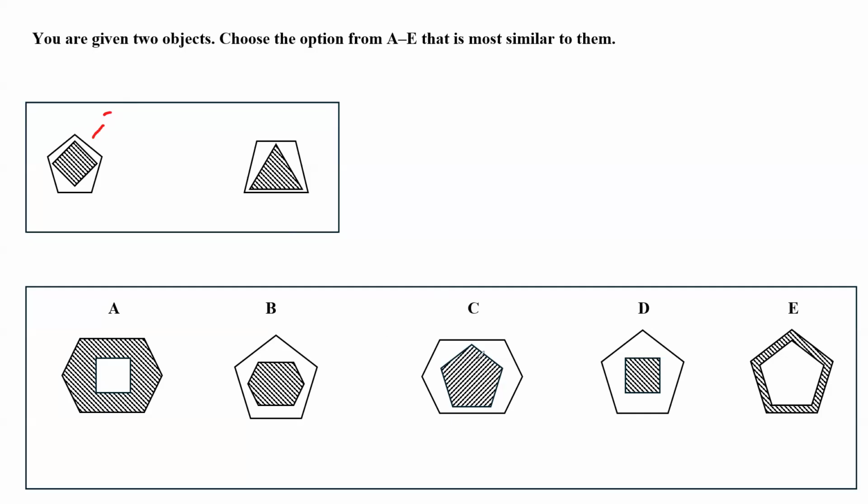And then I looked at the colour of the background from the outside shape, which they're both white, so we can eliminate A and E. And then I counted the size from the outside shape, and it's 5, and the other one is 4.